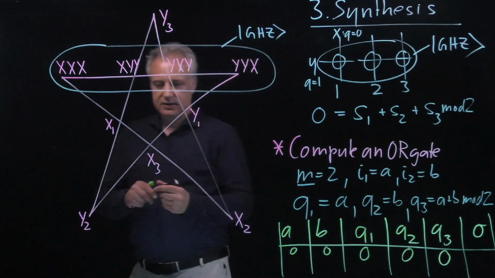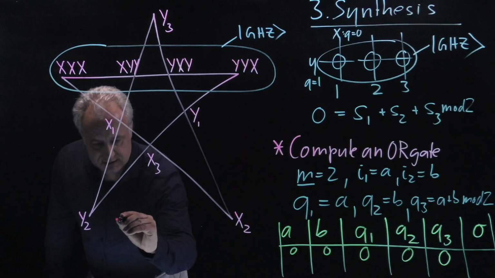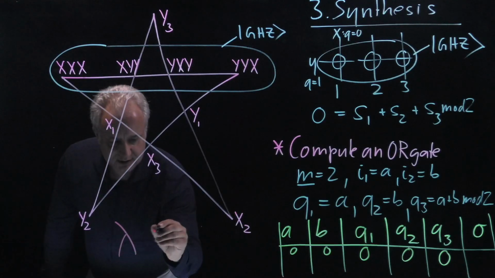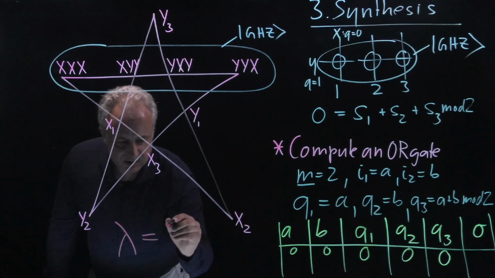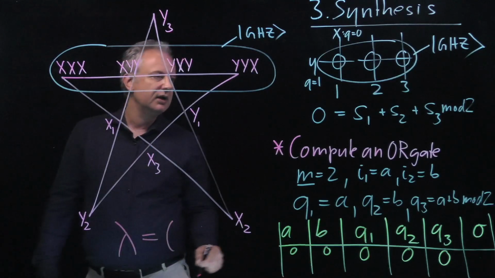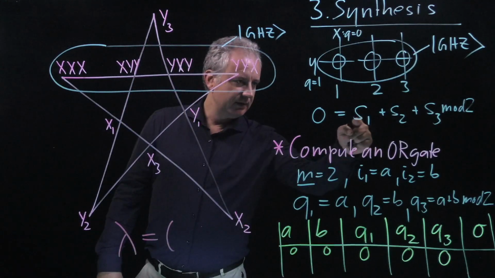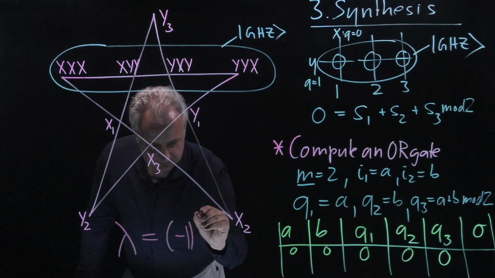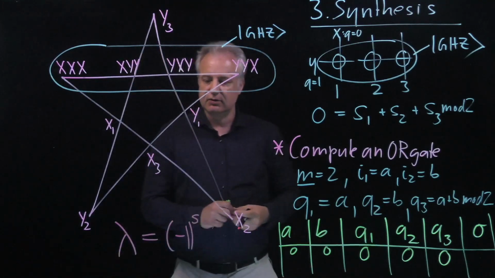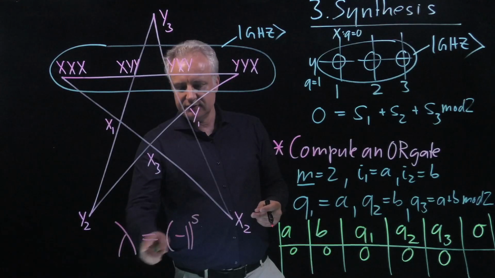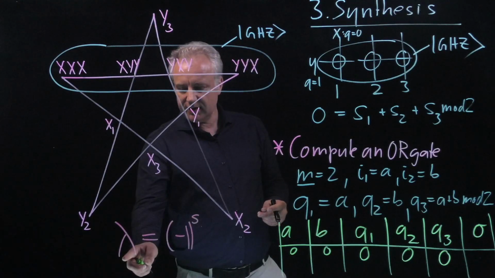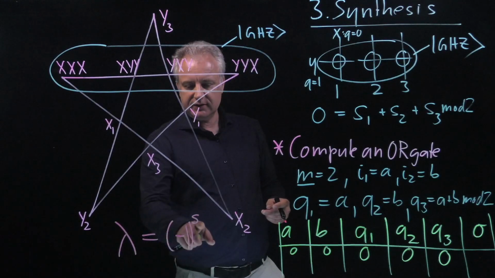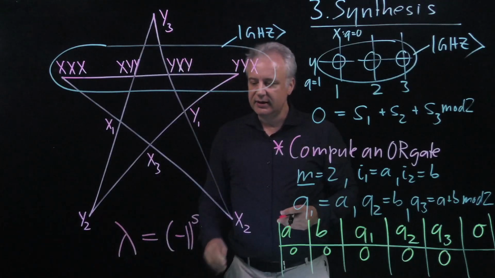And maybe one more thing to add: eigenvalues lambda, or measurement outcomes lambda, are related to our outcomes written in this fashion. If the eigenvalue is +1, this means the outcome is 0. If the eigenvalue is -1, this means the outcome is 1. So this is how we write it.